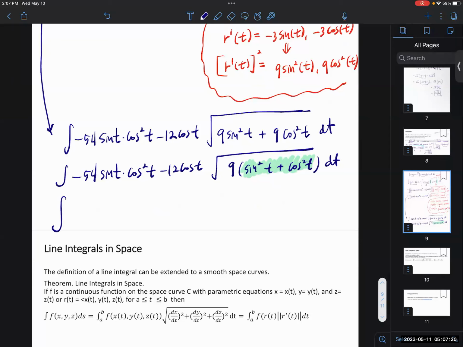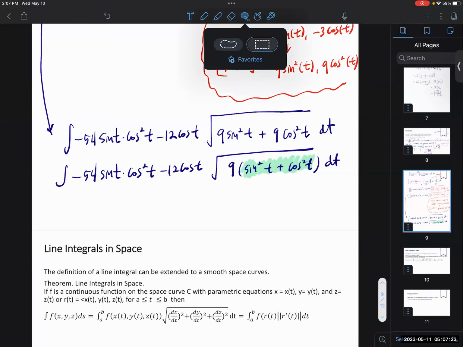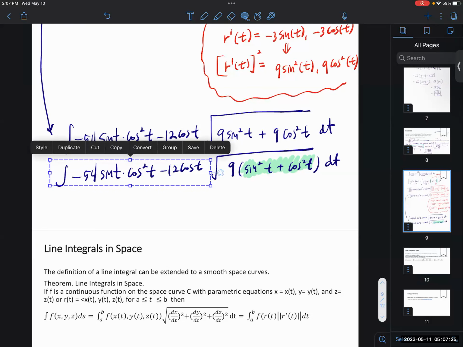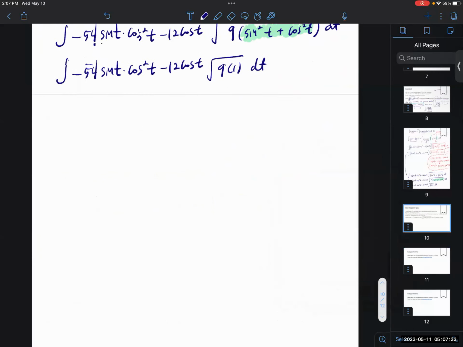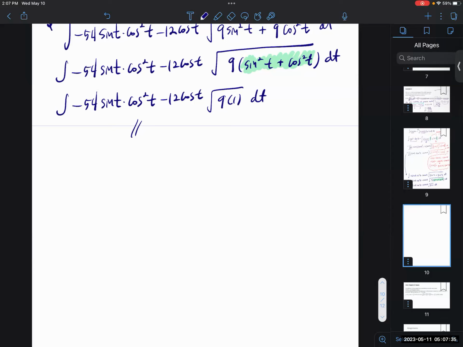So we just copy this, and this is 9 times 1, so this is going to be just a 3 and dt. So we got it. Now just take the integral with respect to t of sine t, cosine squared.